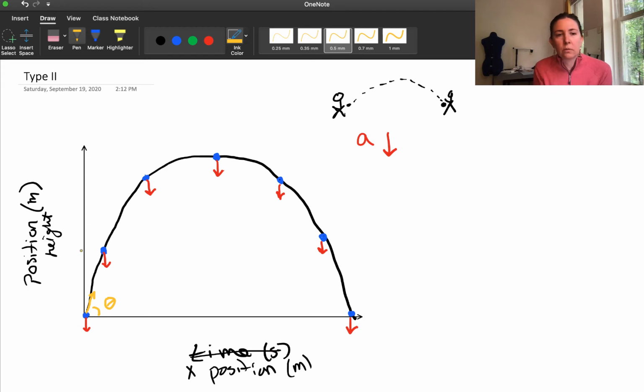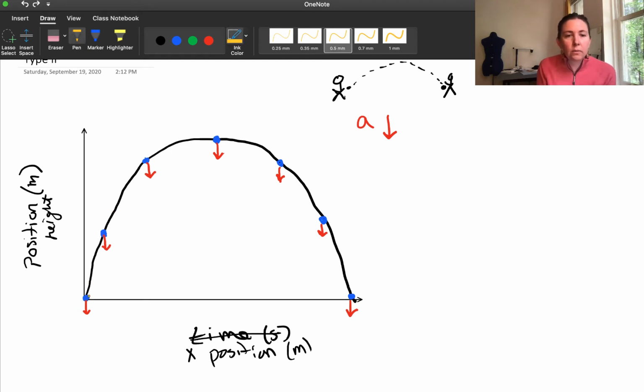If this was a position versus time graph or a height versus time graph, the slope changes, the velocity changes. As a height versus distance graph, this velocity becomes more and more horizontal over time. I'm gonna change these vectors real quick. Okay, so the velocity will become more and more horizontal over time.